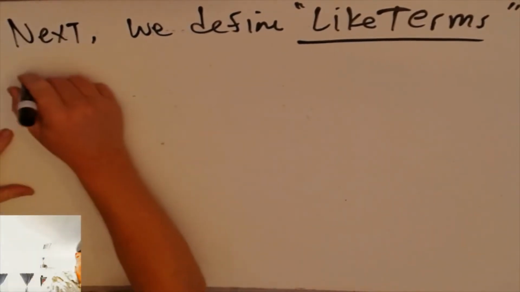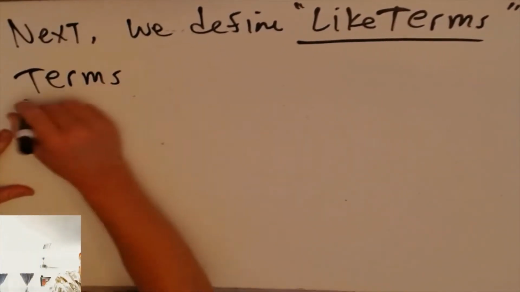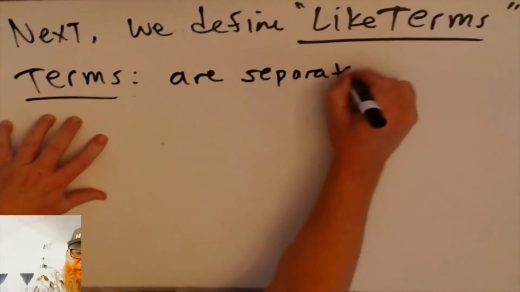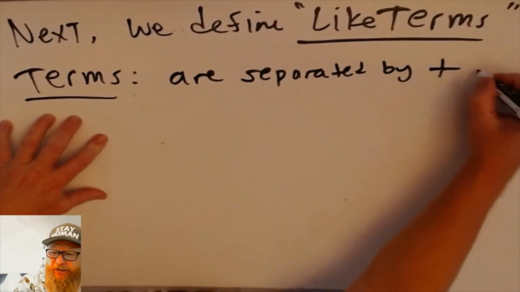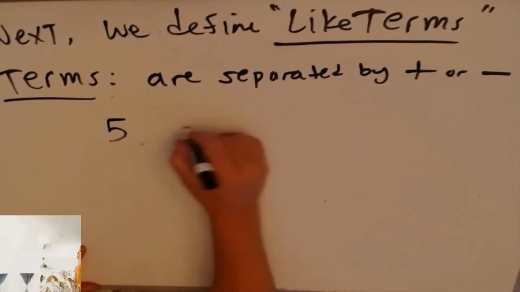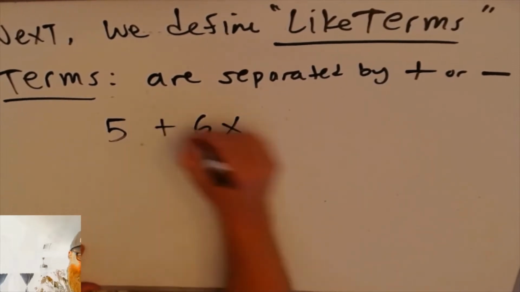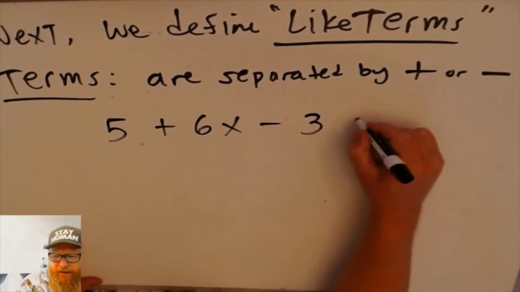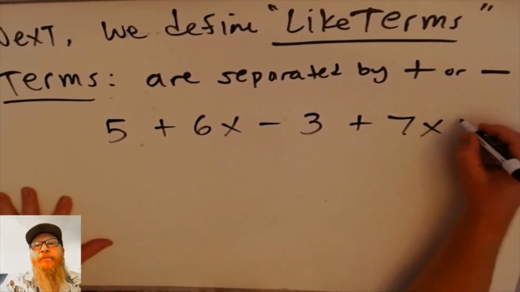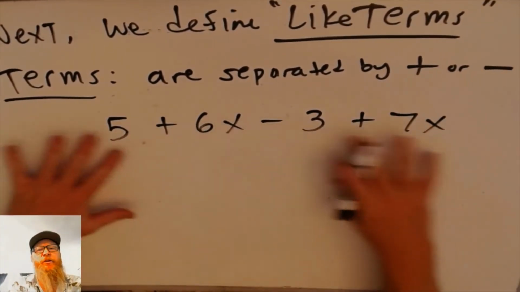Okay, first of all, we're going to talk about terms. Terms are separated by either addition or subtraction. So, you know, 5, 6x, 3, 7x, something like that. So these are called terms.